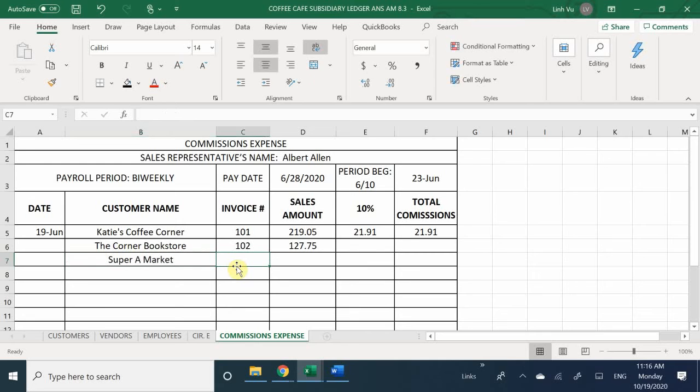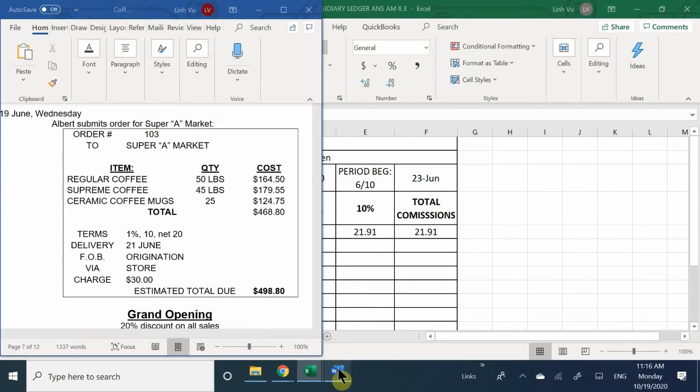All right. Invoice number 103. And what was the total amount that Super A was billed for? Or is going to get billed for? $498.80.